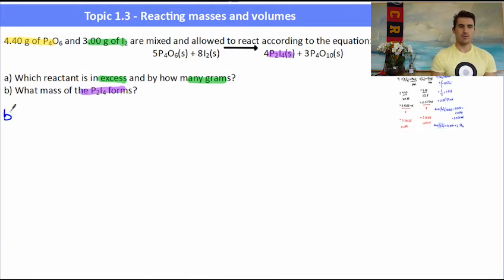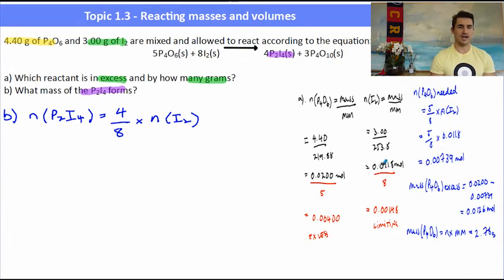So for B, what mass of P2I4 forms? So this is where I want to use the ratio between P2I4 and the limiting reagent. So the thing that we want, P2I4, over the thing that we've got, or the thing that is limiting in this case, which is iodine. So it's 4 over 8 times the number of moles of I2.